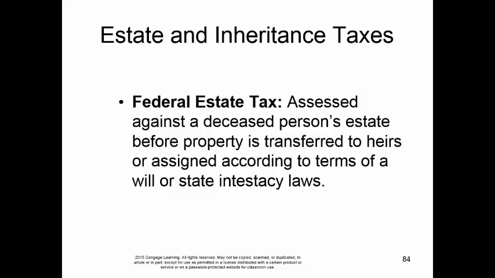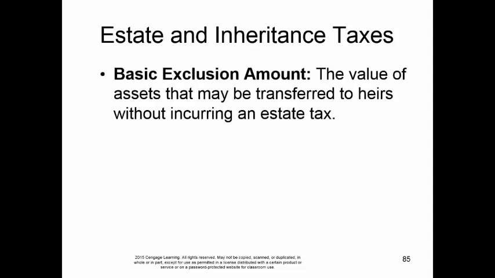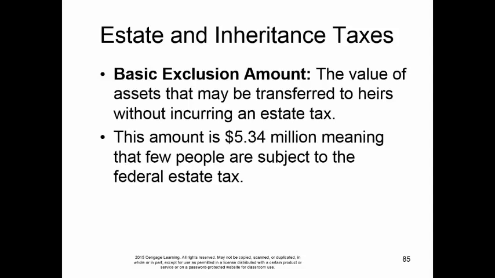Federal and state tax is assessed against a deceased person's estate before the property is transferred to heirs assigned according to the terms of the will, or state intestacy laws. We talked about intestate previously. The basic exclusion amount, the value of assets that may be transferred to heirs without incurring estate tax, is very large.